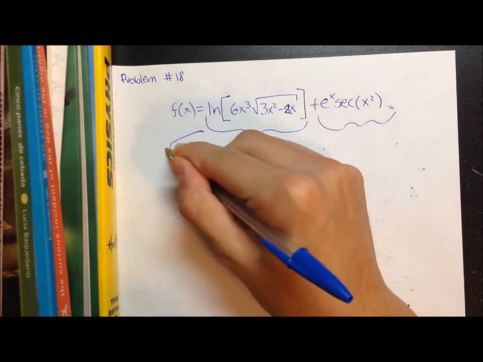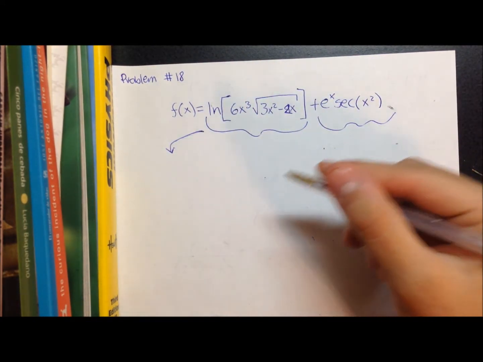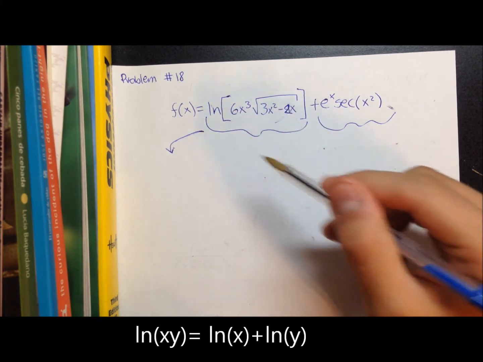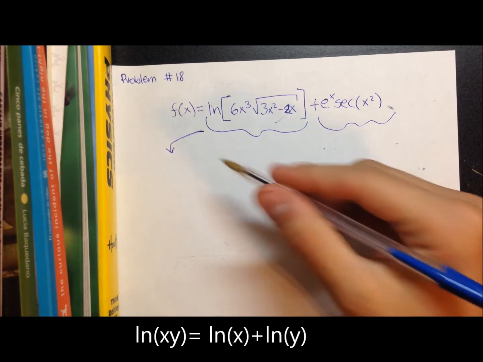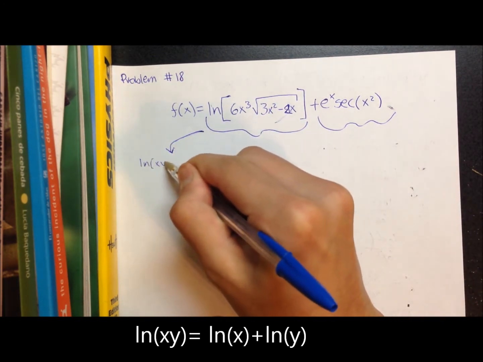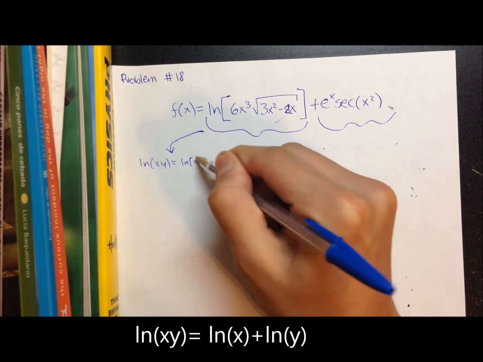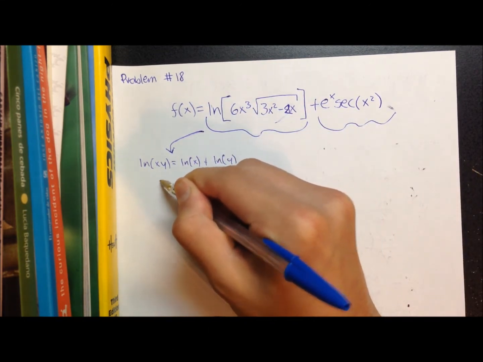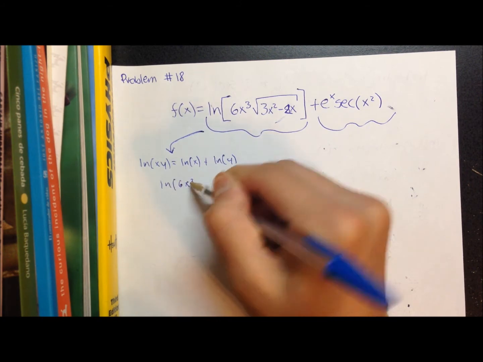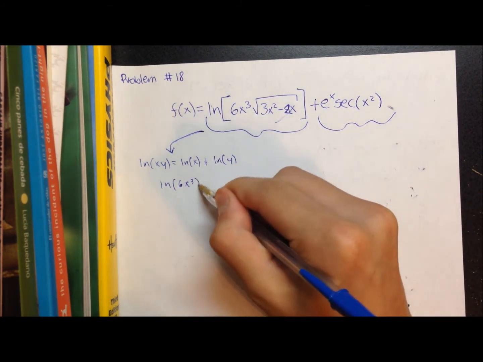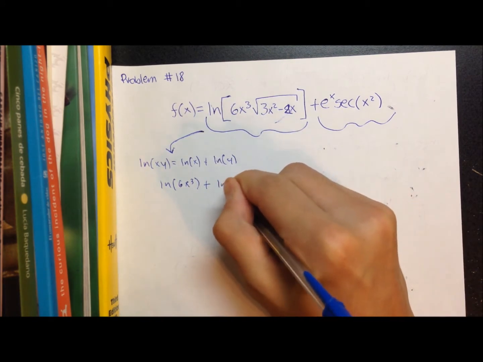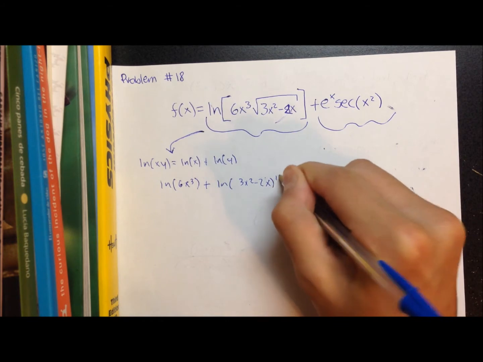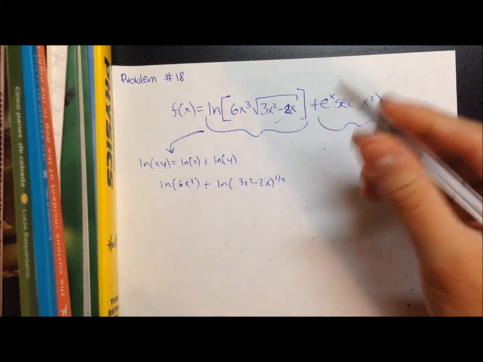The first part, it's a logarithmic equation, so since it has two parts multiplying inside its parentheses, it's gonna apply the rule of ln x times y equals ln of x plus ln of y. So in this case, it's gonna be ln of 6x to the third power plus ln of 3x squared minus 2x to the 1/2 power because of the square root.